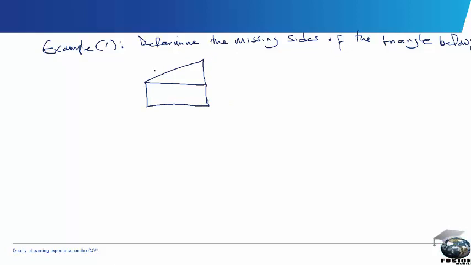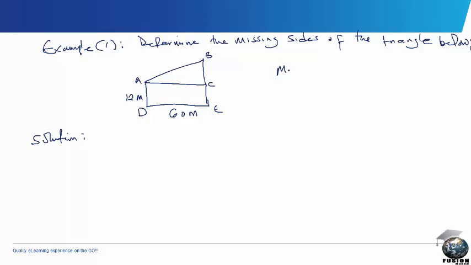Alright, this triangle A, B, and C, and then D and E. Don't mind the lines, they are used to denote straight lines. D is given as 60 meters, A is given as 2 meters, and you're told to find the missing sides of the triangle.